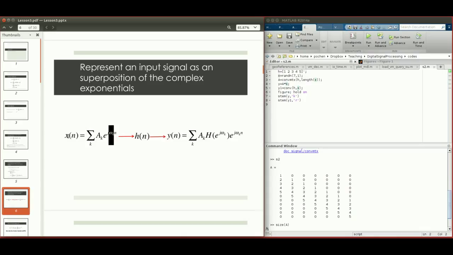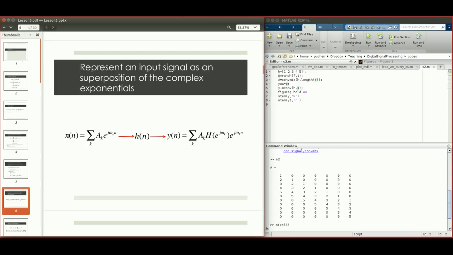But nevertheless, x[n] is expressed as a weighted summation of complex exponentials with different omega_k, and the weights are given by a_k. So suppose we can come up with this kind of representation of an arbitrary signal, and e^(j omega_k n) becomes the building block, the basis signal, and a_k becomes the coefficient.